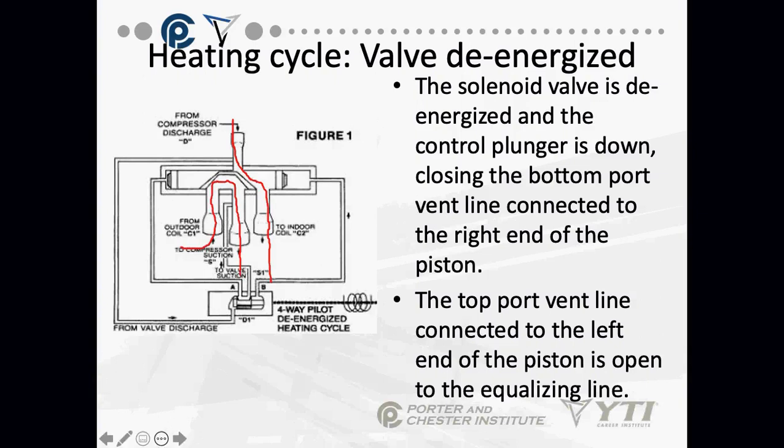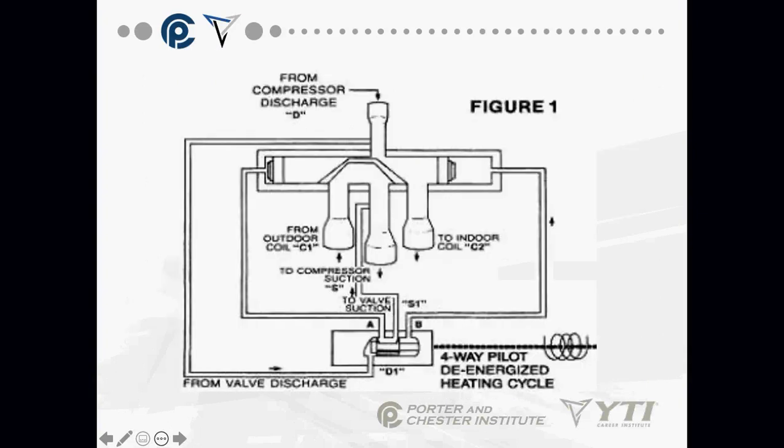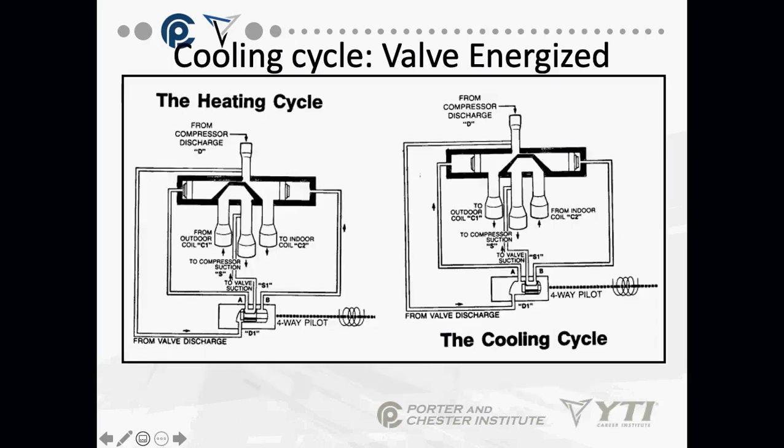Now, when we energize this, let me come to the one that's energized. That's the heating cycle, because we're going to the indoor coil. The cooling cycle is basically energized. We've now put power on my solenoid. It's energized.